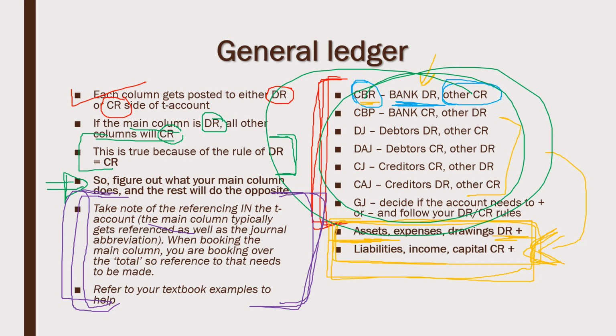Whenever you are booking over the sales column, capital, all of that in the CBR, you would reference bank. And when you are booking over the main column, so when you're booking over bank, you'd say something like total income, total sales, total receipts, because it represents all the other columns.